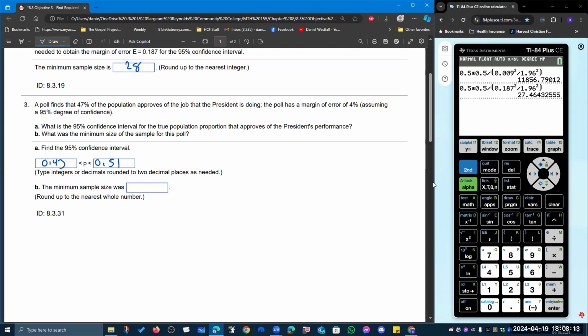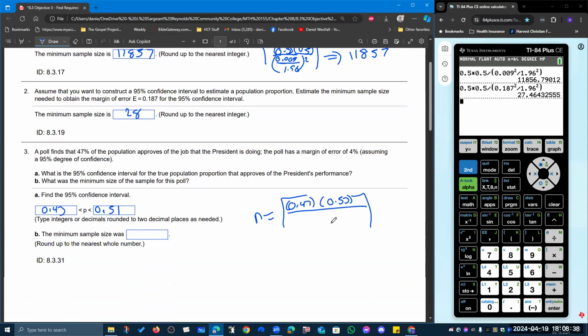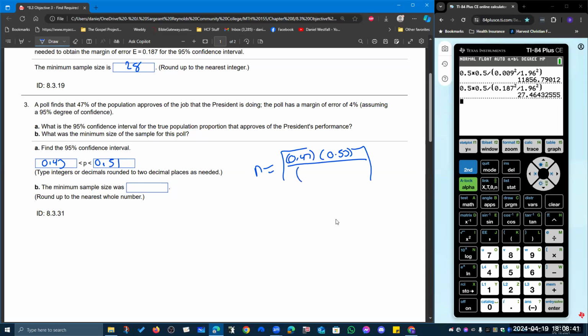What is the minimum size for the sample of this poll? So we have n equals, p hat is 47%, q hat is 53%, and we have the margin of error over 1.96, which we're going to square.